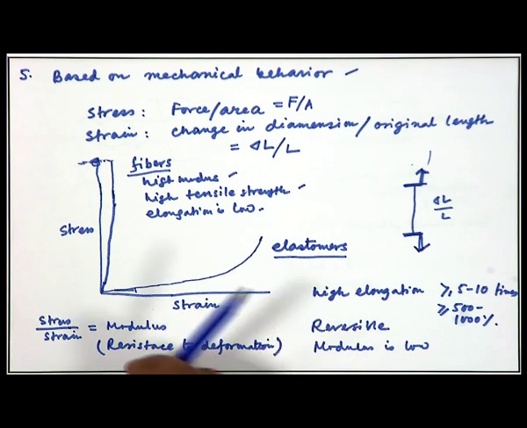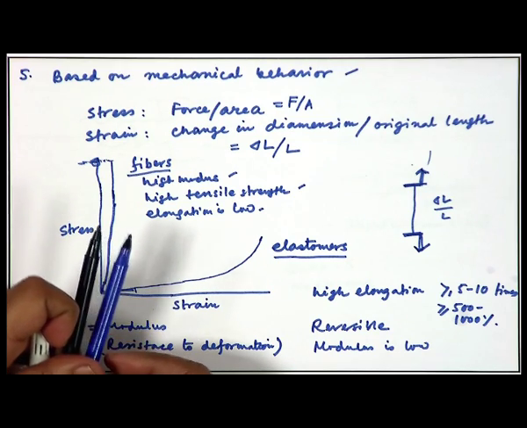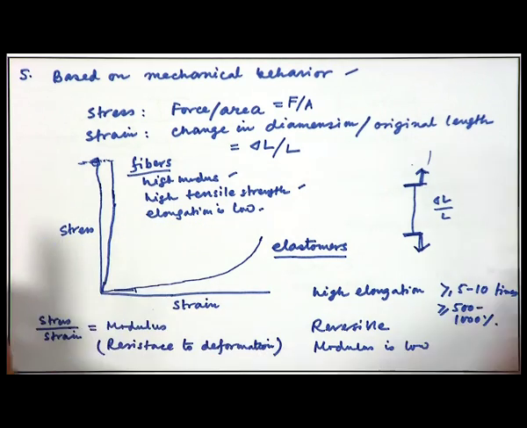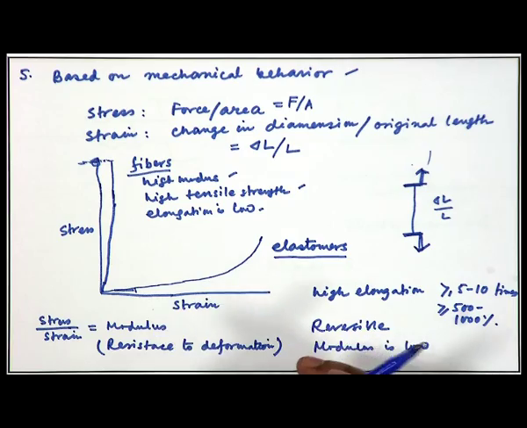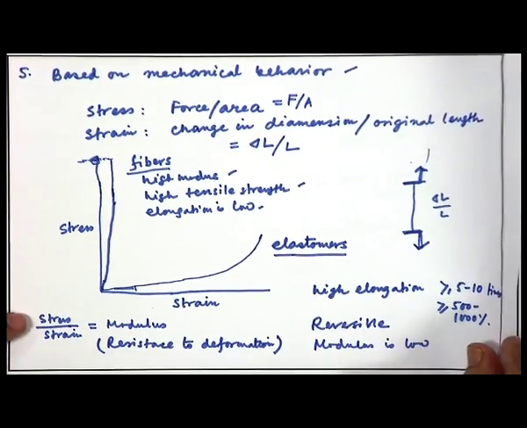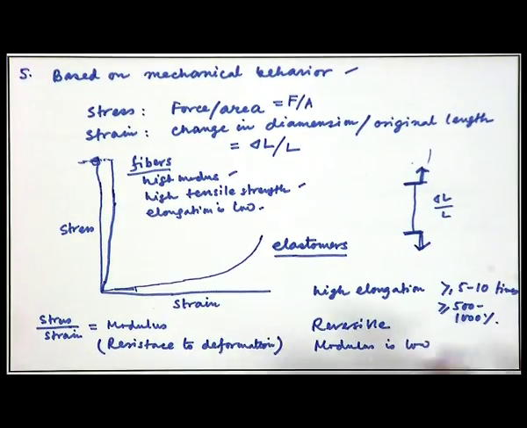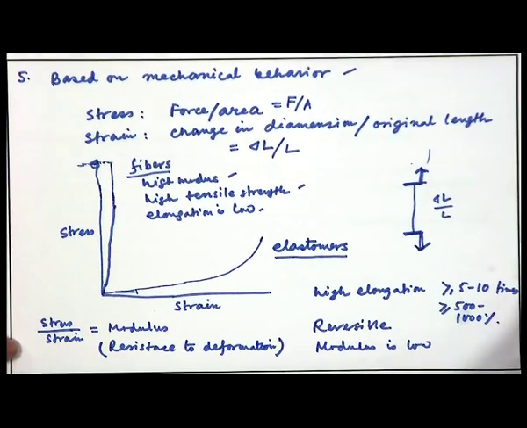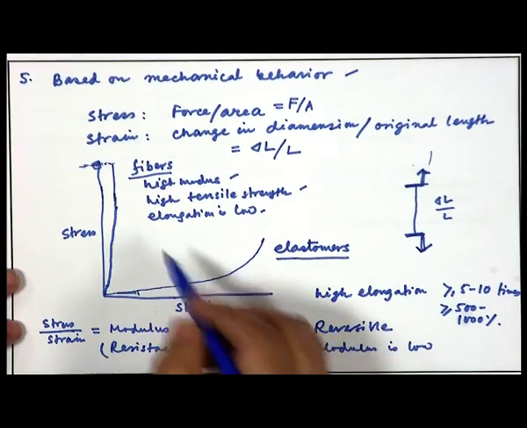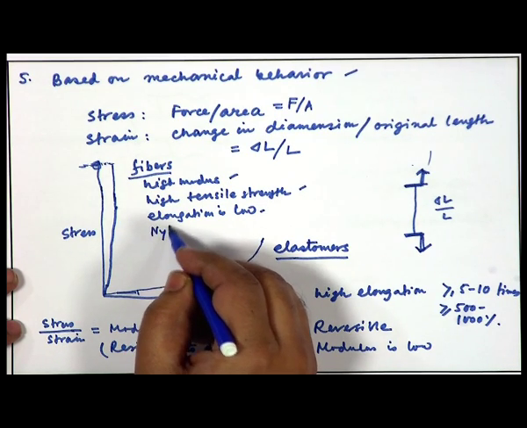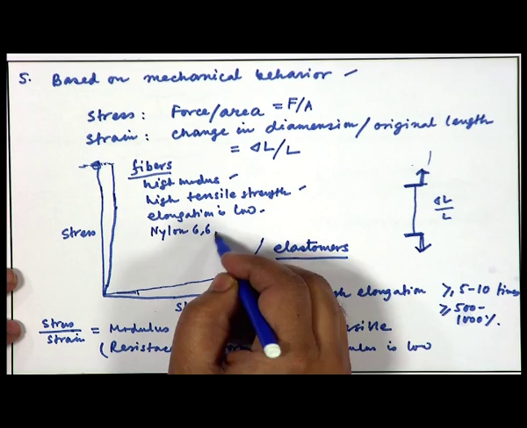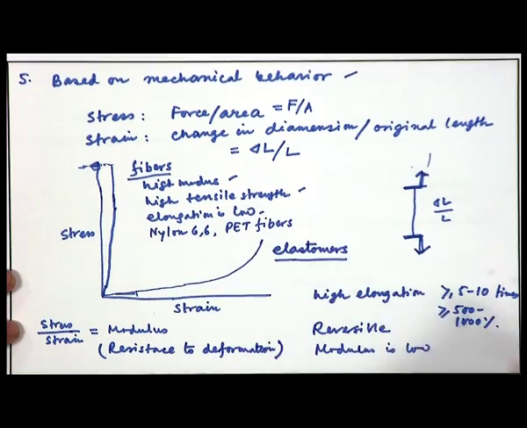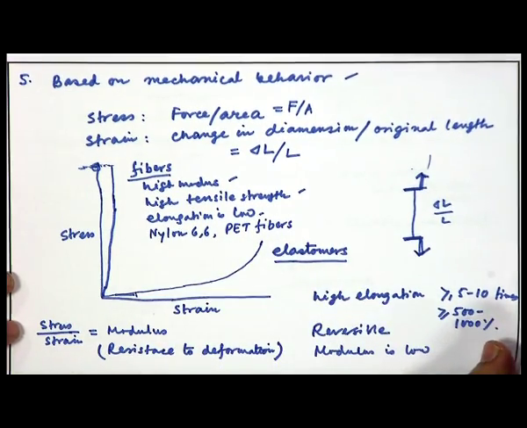As a result, they tend to come together and crystallize and make a pack, so that it becomes difficult to deform or elongate them. So, these properties of fibers are because of the presence of strong intermolecular forces, and I will write the examples here itself. It is basically nylon 6 and maybe PET fiber. PET we talked about in the last class. So, these are examples of some of the fibers.